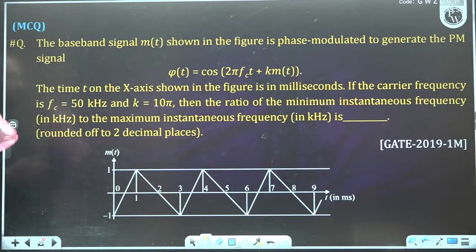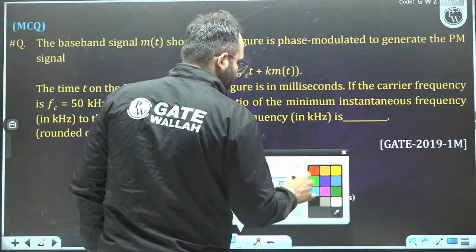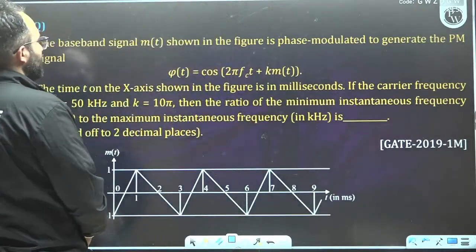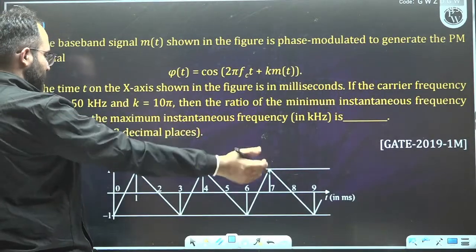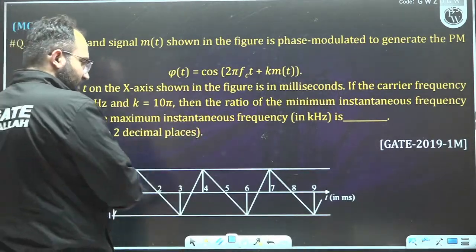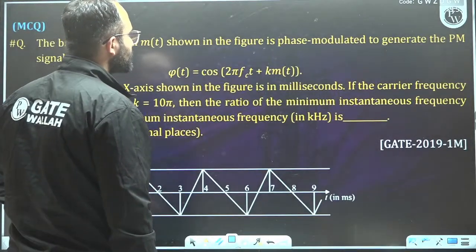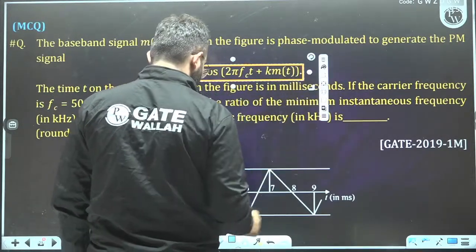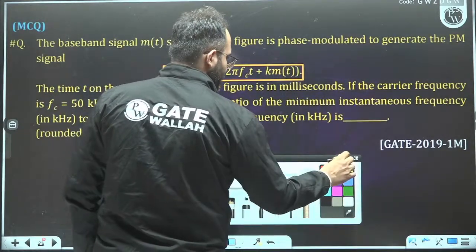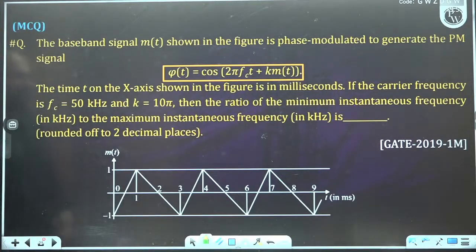Now let's see this question, dosto. The baseband signal m(t) shown in the figure, this is the message signal that is given to us. We can see that the time axis is in milliseconds. The PM signal is given to us.